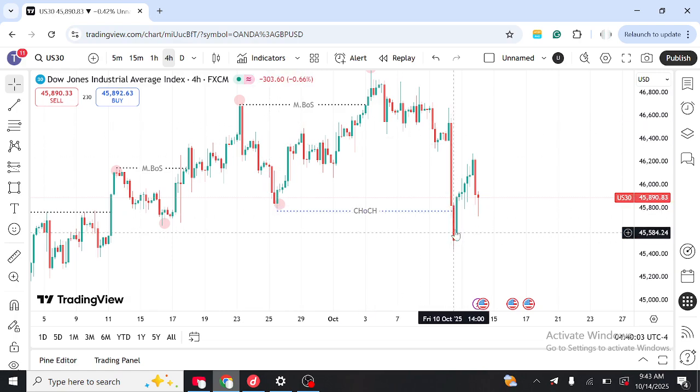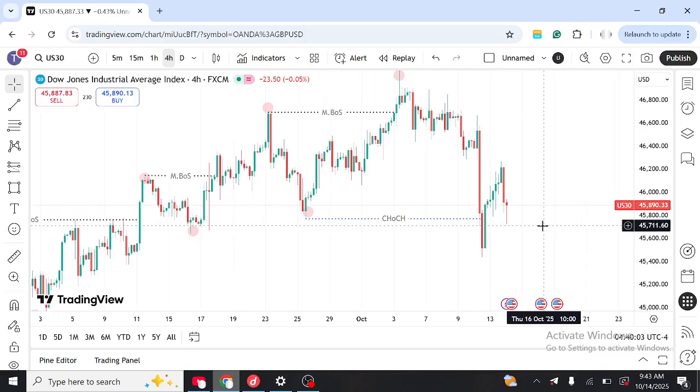You can see that price closed below it. All right, so this is the first thing that you need to properly mark your market structure, or to get your market structure right.